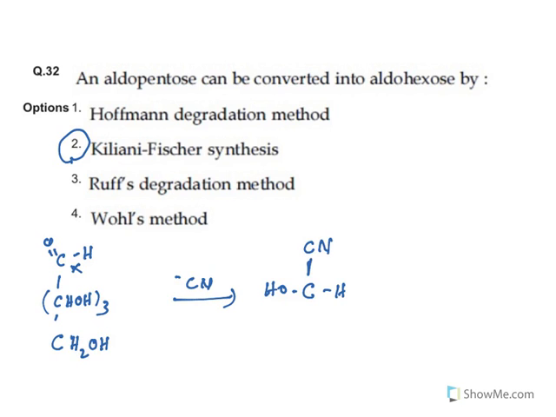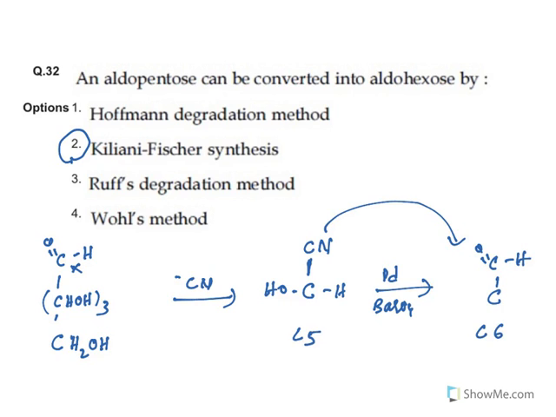So you have attached a new carbon to this aldopentose. After this, by using palladium and barium sulfate, the cyanide is converted to an aldehyde group. So essentially, C5 is converted to C6. This is known as Kiliani-Fischer synthesis. Now understand this one. You need to pay attention to this one. With common logic you can eliminate some of the answers.